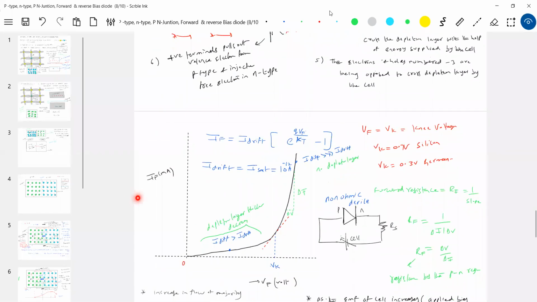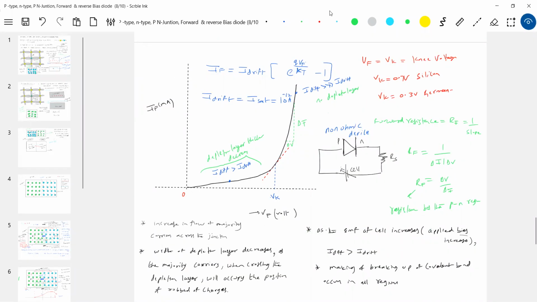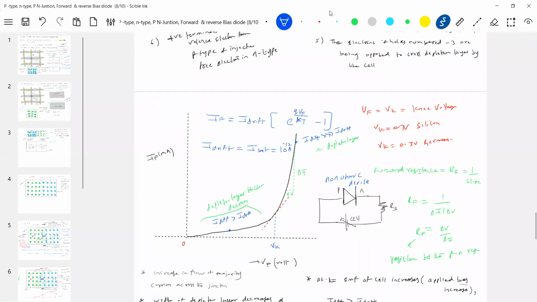It is due to minority carriers. So like this, the forward current accounts to this particular thing. As you increase the forward voltage, the graph follows this equation. That's why we have put it here.